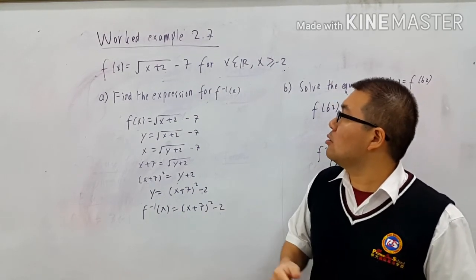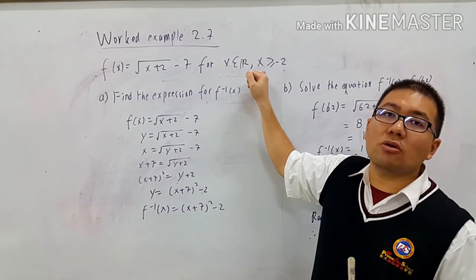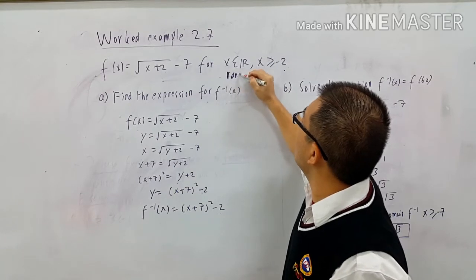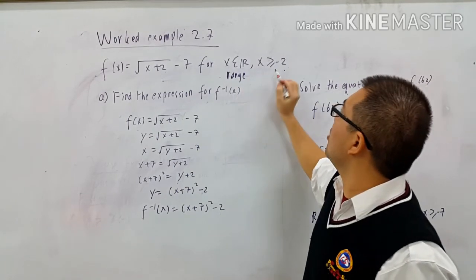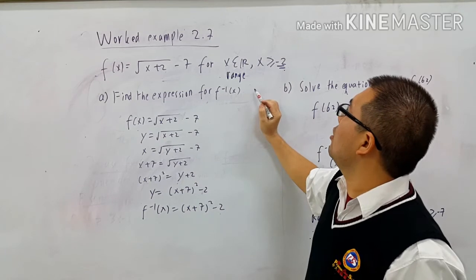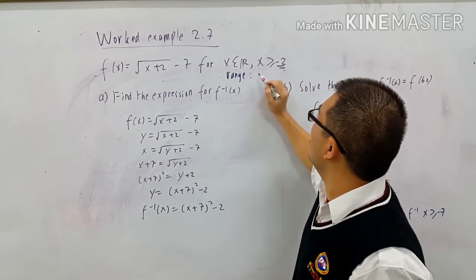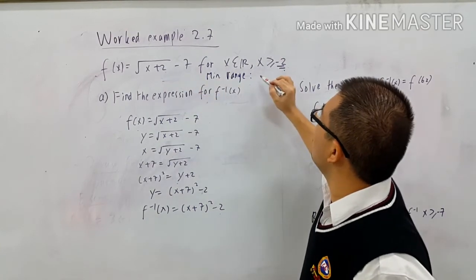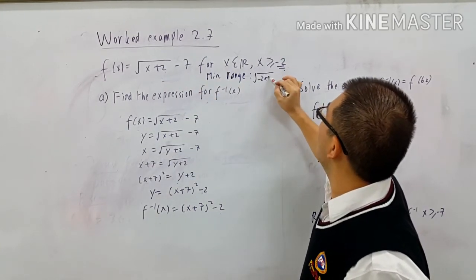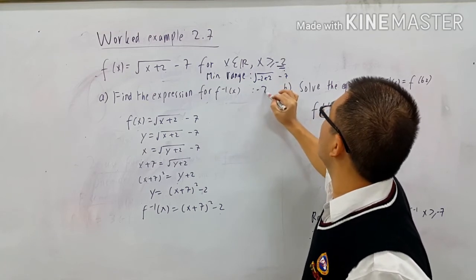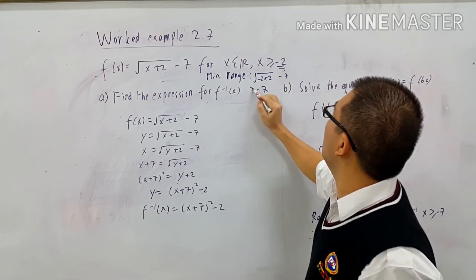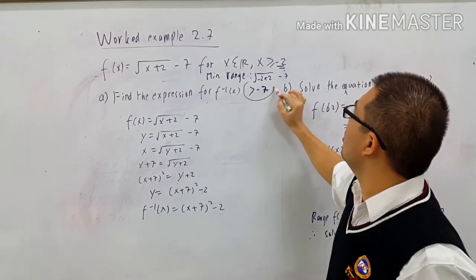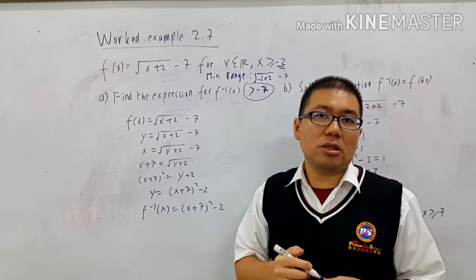Take note that my domain is more than or equal to minus 2, and my range for f(x), this is additional information, since my minimal value for x is minus 2, therefore my minimal range is to substitute minus 2 into the equation. What I'll have is minus 2 plus 2 minus 7, which is minus 7. So my range will be more than or equal to minus 7. Please take note, for this function, my range will be bigger than minus 7.